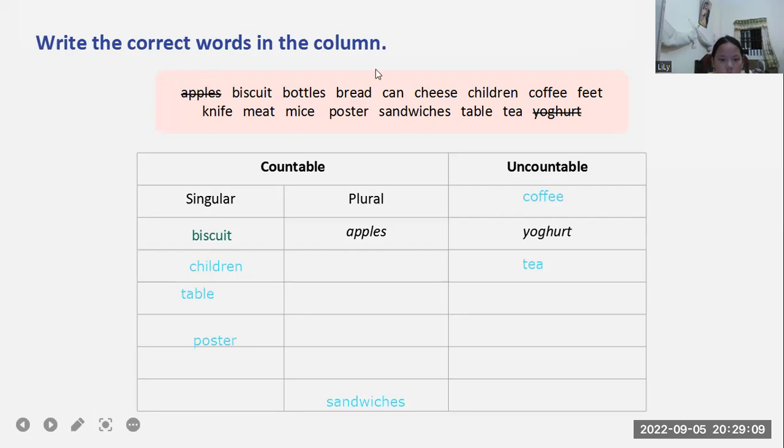Let's check one by one. Where did you put bottles? Bottles. Where do you want to put bottles? You can also cross out, Lily, all the things that are finished here. Just like biscuit, done, children, done, table, so that you will not be confused. Sandwiches, tea, like that.